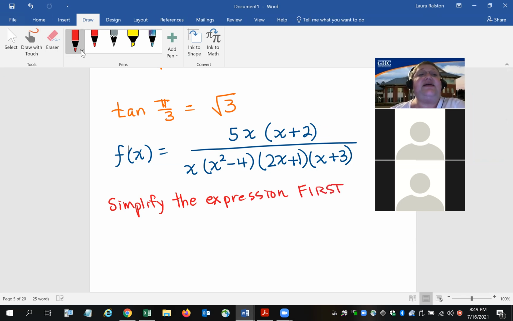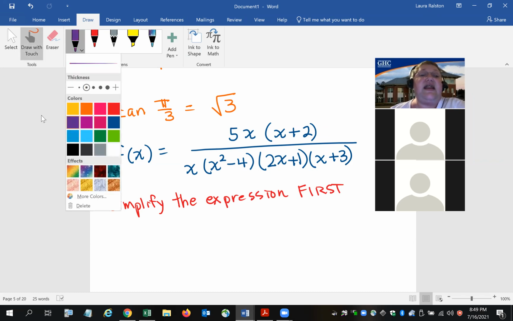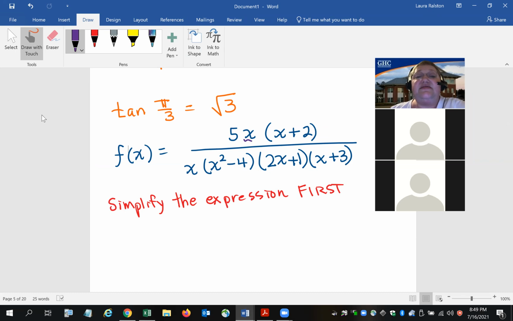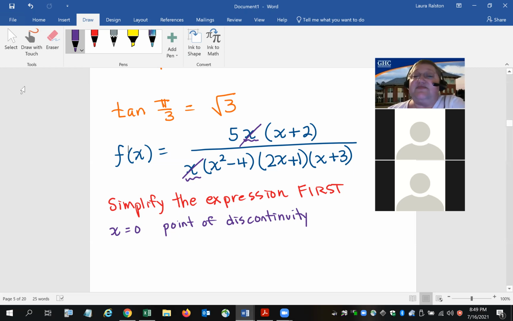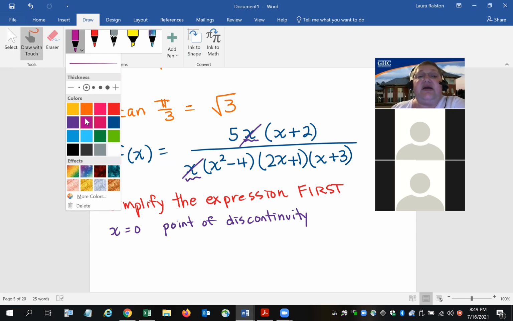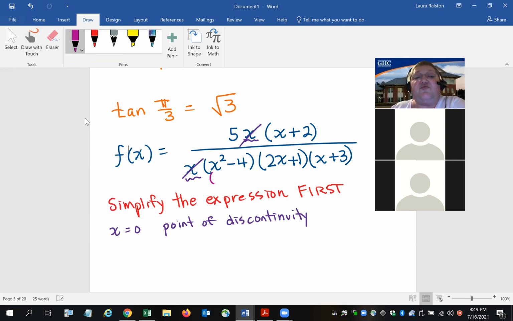I immediately see that I have an x in the numerator and an x in the denominator, so those will divide out. That means at x equals 0 there is a point of discontinuity, a little hole in my graph, but not a vertical asymptote. The other piece may not be as obvious because I need to factor x squared minus 4.